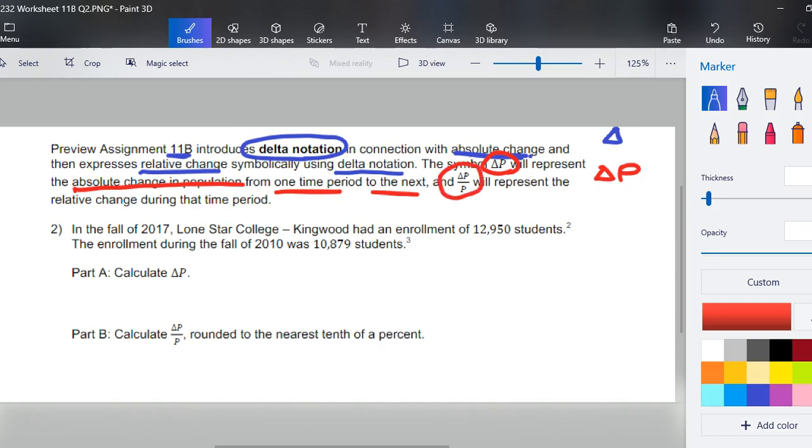Delta P divided by the original or starting population represents the relative change during that time period. So take what you already know about absolute and relative change, and let's manipulate it with a new set of symbols and go to question 2.